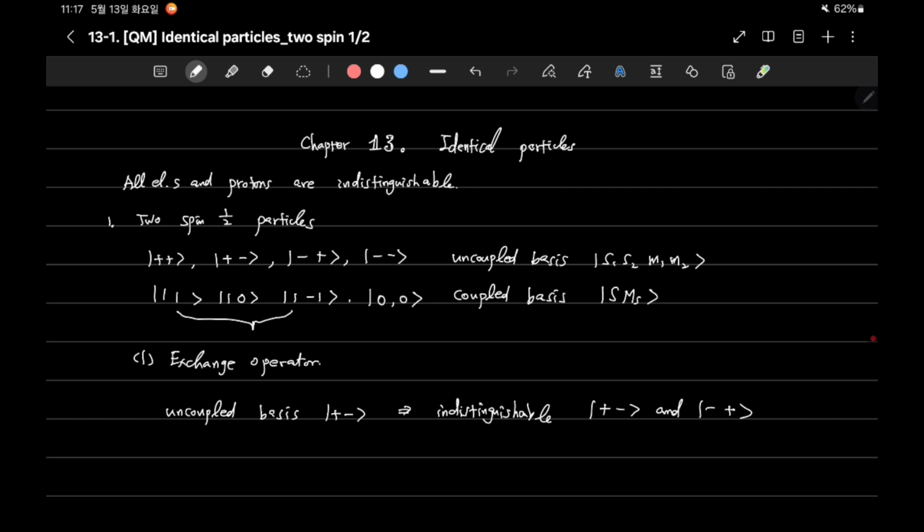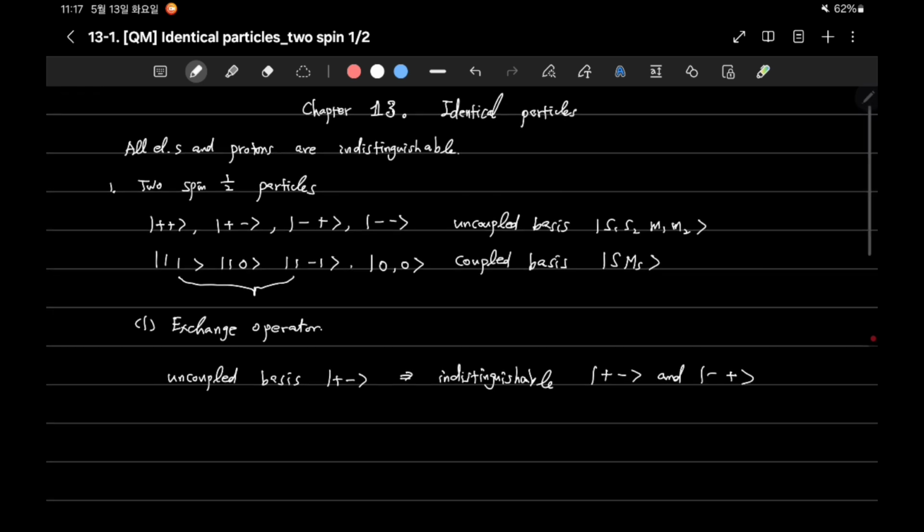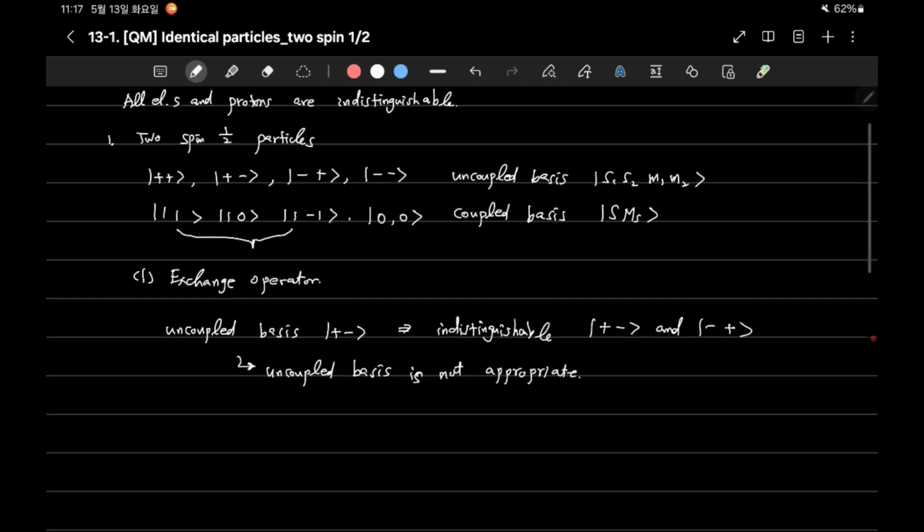In other words, this uncoupled basis is not appropriate for describing the two-particle system. So we should think about the coupled basis.